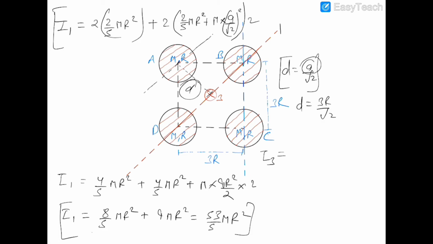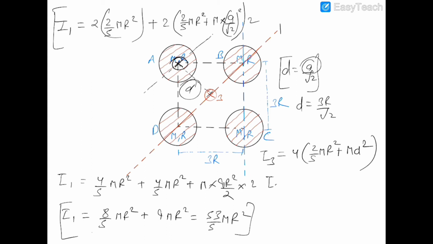So the moment of inertia of the complete system about this axis 3 would be 4 times the moment of inertia of any one of them, and the moment of inertia, let's suppose for sphere A, would be 2 by 5 mr square, which is the moment of inertia about its central axis, plus the distance term m d square.